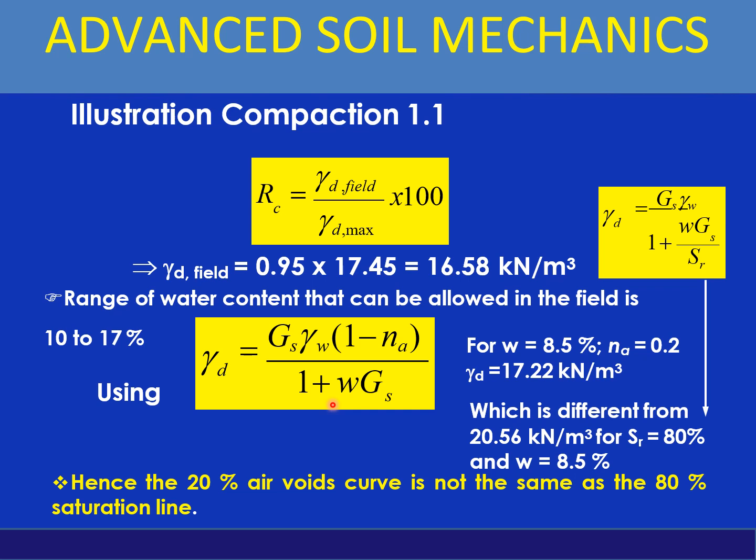So you can see here that for moisture content 8.5% and n sub a, that is the percentage of air voids, 0.2, gamma D is 17.22 by using this formula, which is different from 20.56 kilonewton per cubic meter for degree of saturation equal to 80% and moisture content 8.5%. So what does this mean? It means the 20% air void curve is not the same as the 80% saturation line. So that is the conclusion that you can draw from this particular problem.